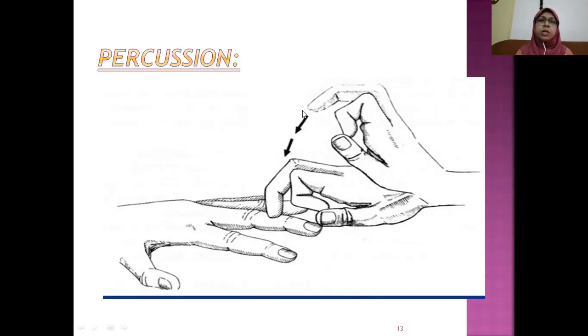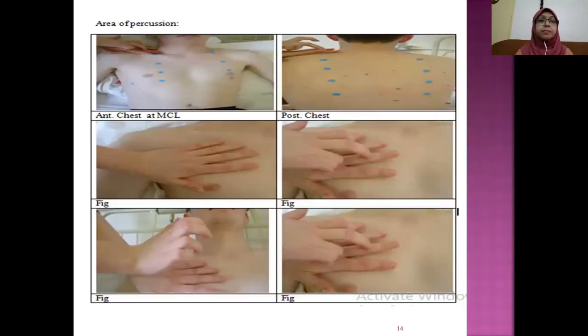You have to stroke it perpendicularly on your left middle finger, and there should not be any movement of the elbow joint. During percussion only the wrist joint moves, and you have to produce a sound to come to the conclusion what type of sound it is.